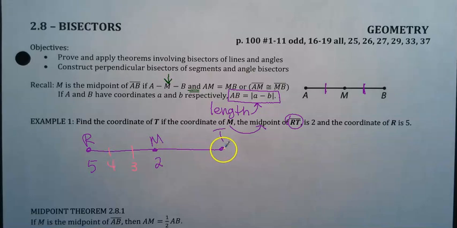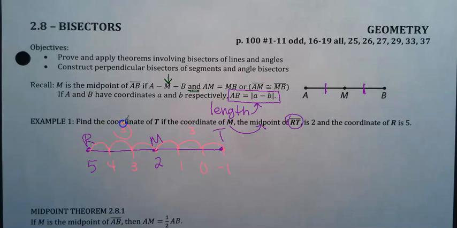So in order to find the coordinate for T, we're going to need 2 numbers in there. So we're going to need a 1 and a 0, which would make this point -1, right? So we're showing that between here, 1, 2, 3, there's a distance of 3. So between M and T, there should be a distance of 1, 2, 3 as well.